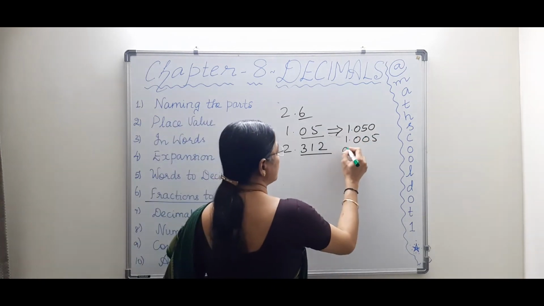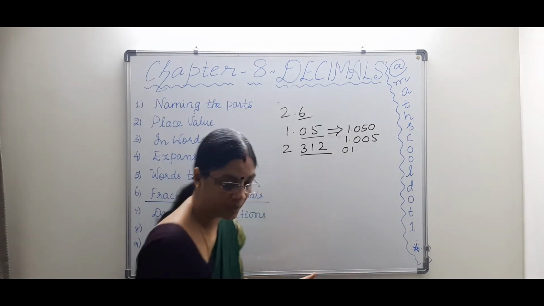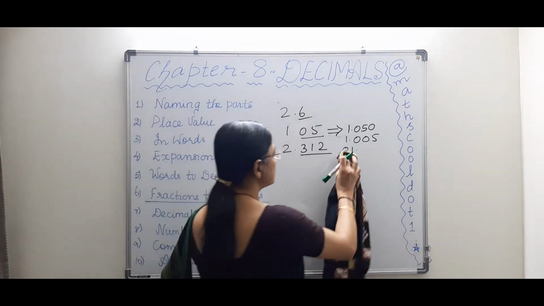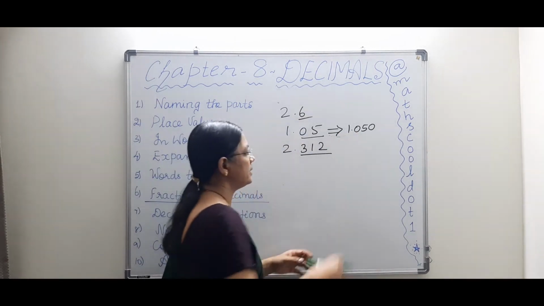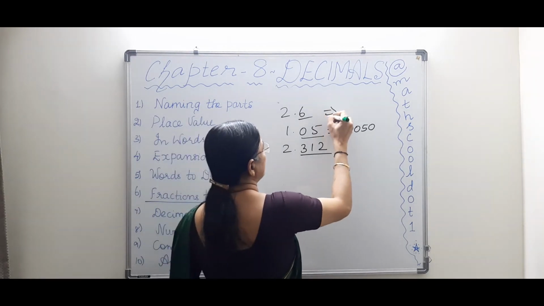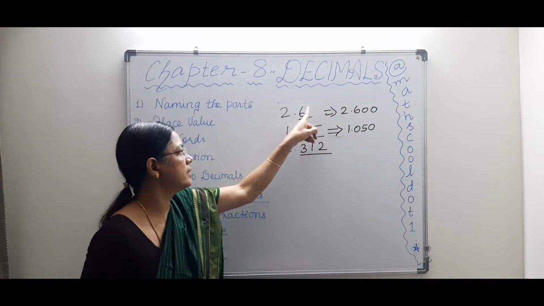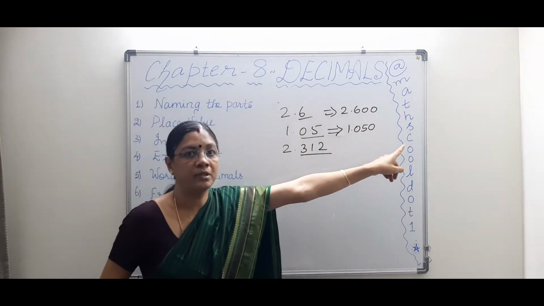Don't put 0 before the 5 because it doesn't have any meaning. So 0 is added to the right of the numbers in the decimal place, so that it doesn't alter the number. So see, I have added 2 zeros there, so that I have 3 places after the decimal point.